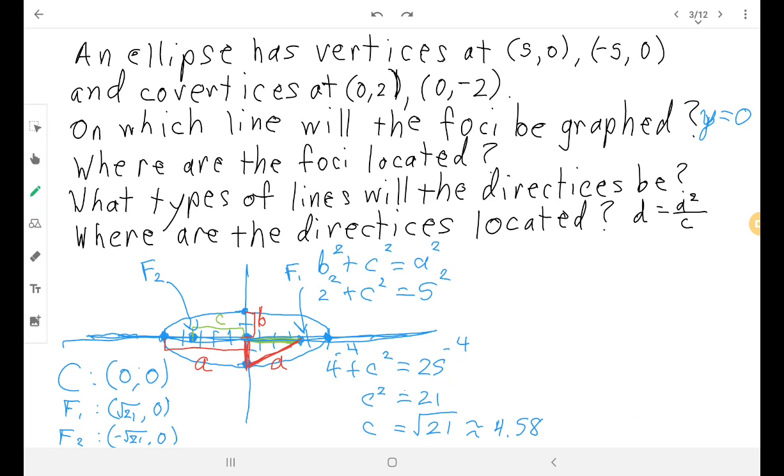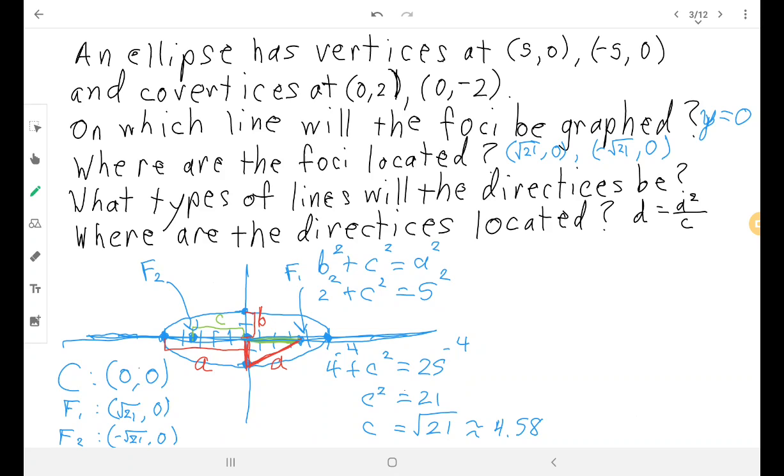So now we have focus points. We know where they're located, so we've done both of those things. So where are the foci located? They're at square root of 21 and 0 and negative square root of 21 and 0. And I think Edgenuity actually asks you to put in the decimal approximation instead, but that's actually more accurate.